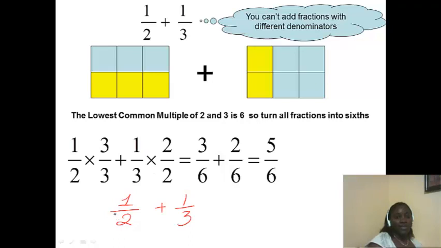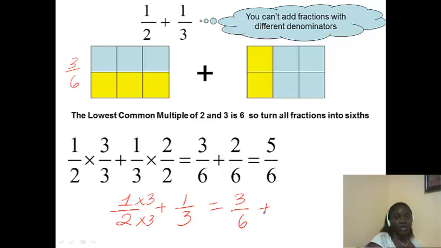We take this half and turn it into 6. How do I turn 2 into 6? I have to multiply by 3. Whatever I do to the denominator, I have to do to the top. So we also multiply by 3. That's why we see here 1, 2, 3. This is 3 out of 6. So we put it down over here.